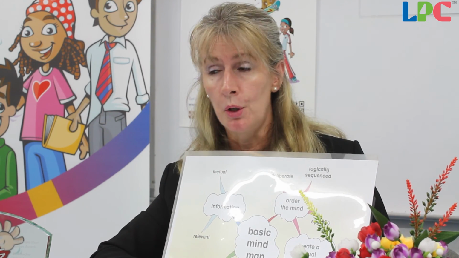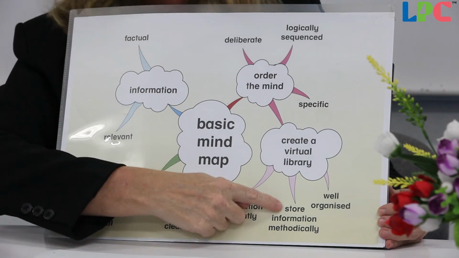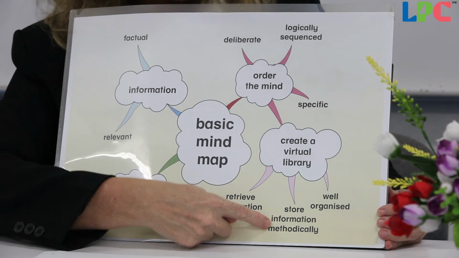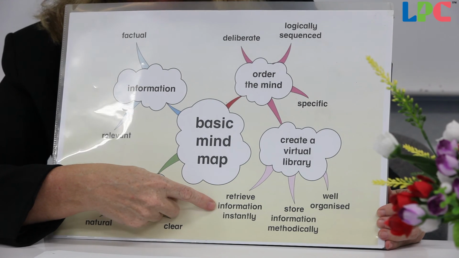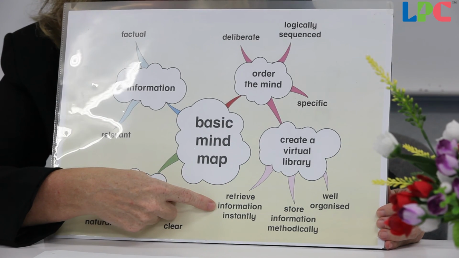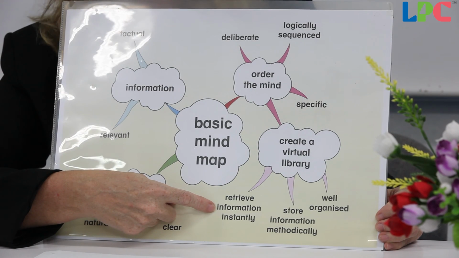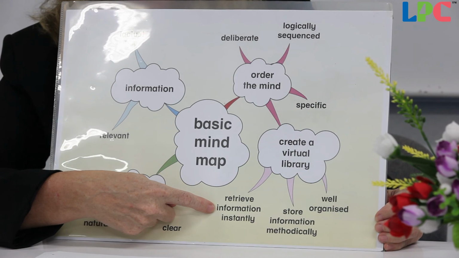Registration or input of information is methodical. Information is stored methodically so that retrieval of information is automatic and instant. Much like the files and folders you store in your computer, the brain is capable of holding an amazing amount of information that you don't or can't physically touch.